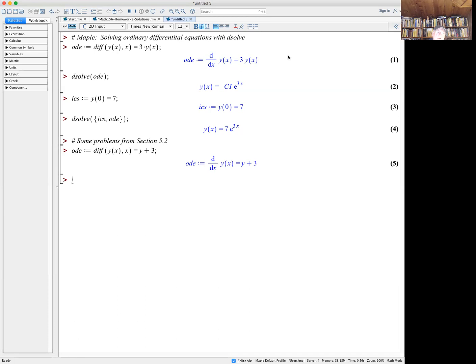This is problem 3 in this section. And what's the solution of this differential equation? Dsolve the ODE. Oh, I'm sorry. This should be not y, but y of x. There we are. And the solution is some constant C1 times e to the x minus 3.